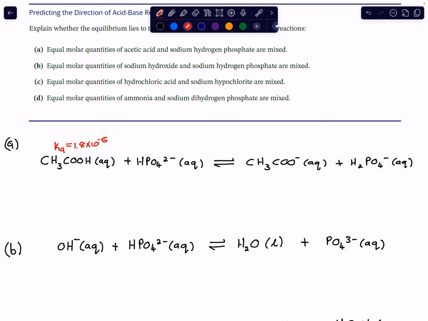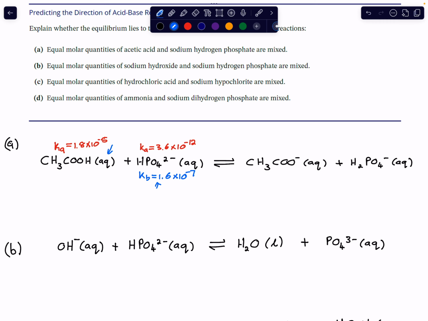And for the hydrogen phosphate, it has a Ka equal to 3.6 times 10 to the minus 12, meaning it will definitely not act as the base on the left-hand side. So we turn to Kb, Kb being 1.6 times 10 to the negative 7. All right, so that is our base. Our base is here on the right-hand side and an acid on the left-hand side.